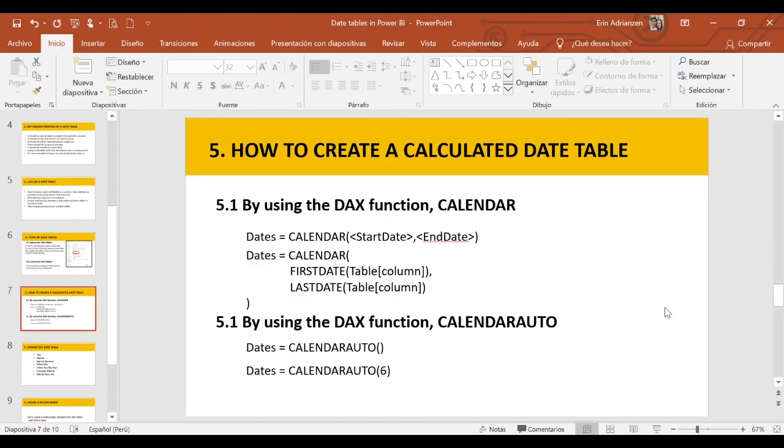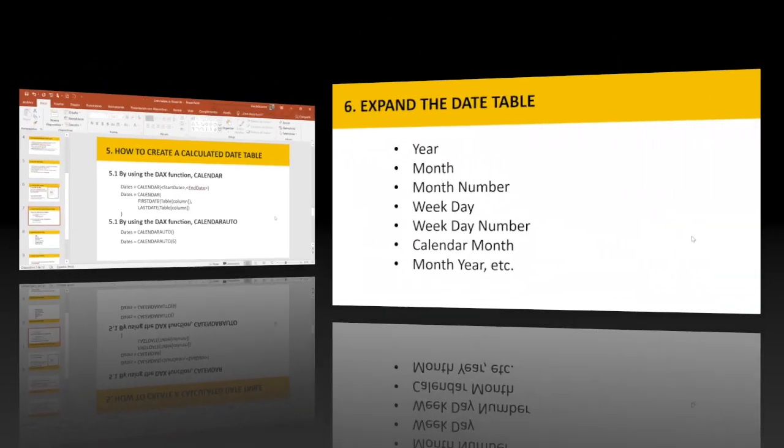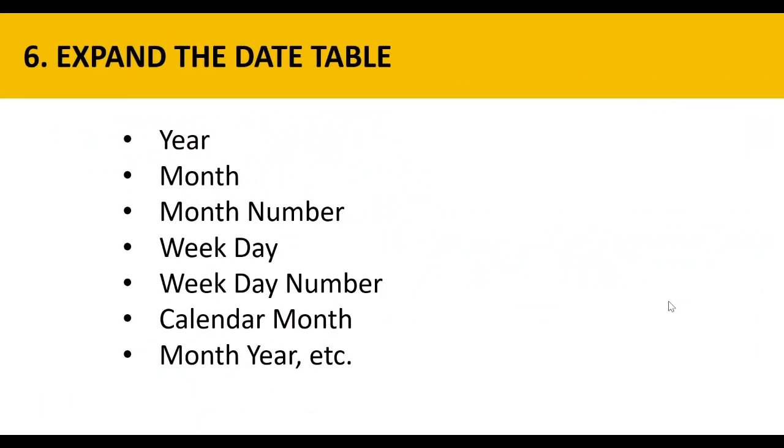So now let's go to our next slide. Let's expand the date table. Remember that we created 2 date tables, but they only have 1 column. So now we need to enrich our date tables with more columns, right? So we can have year, month, month number, weekday, weekday number, calendar month, month year, etc. So let's do it right now.